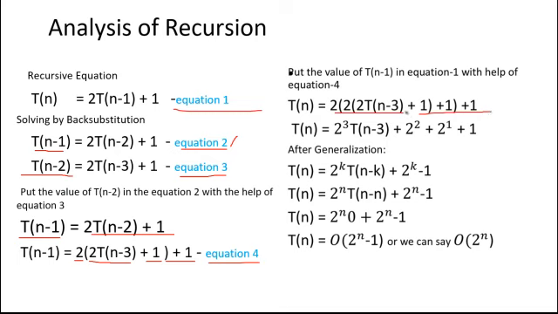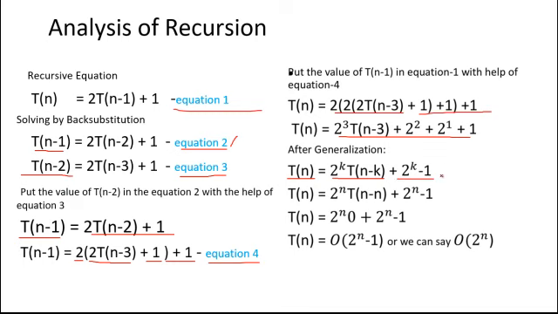Then the sum of these, we have 2 cubed T of n minus 3 plus 2 squared plus 2 raised to 1 plus 1. So if we generalize this equation, we have T of n is equal to 2 raised to k times T of n minus k plus 2 raised to k minus 1.